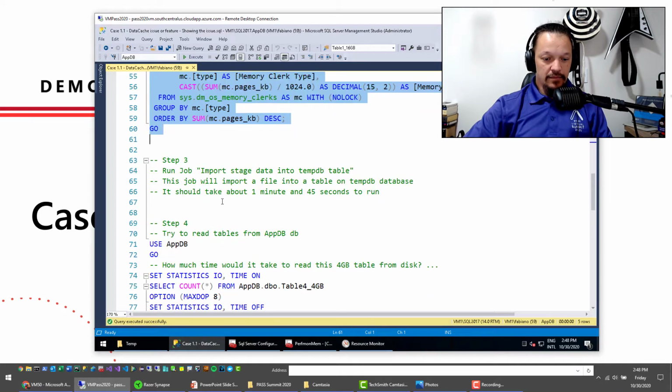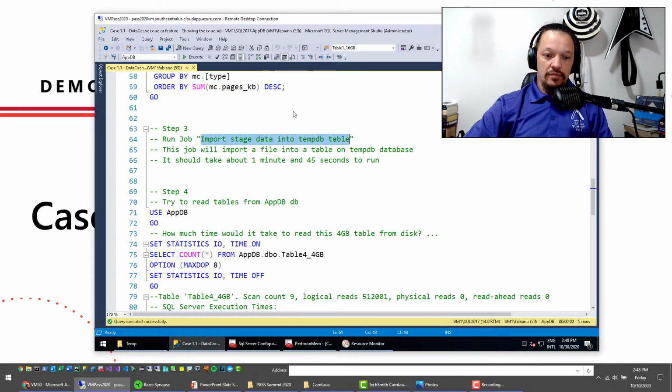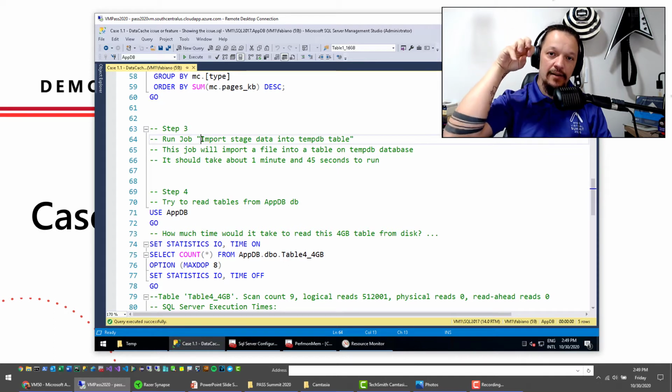Now, I'm going to run this job here, and what the job is going to do is run an integration package that is going to read a flat file and insert the data into a table inside the TempDB database.